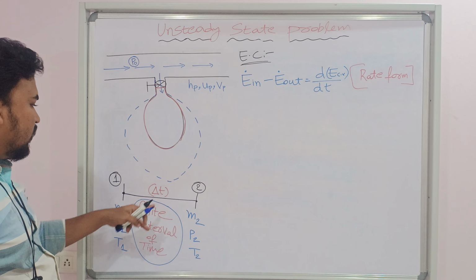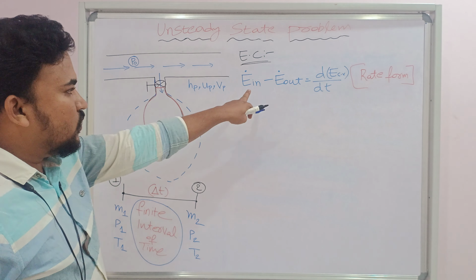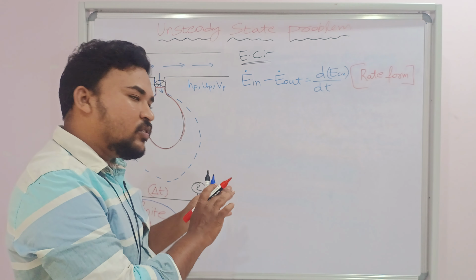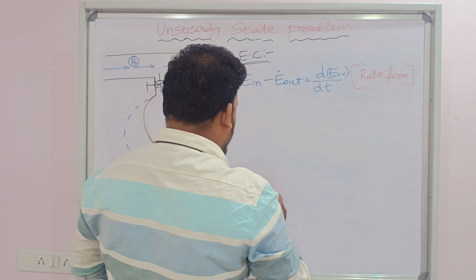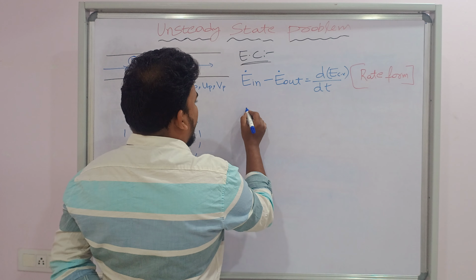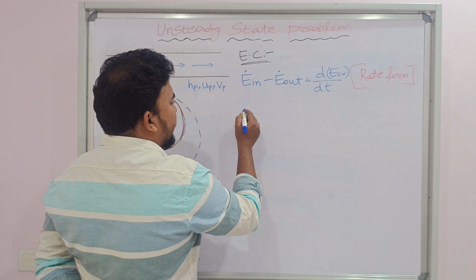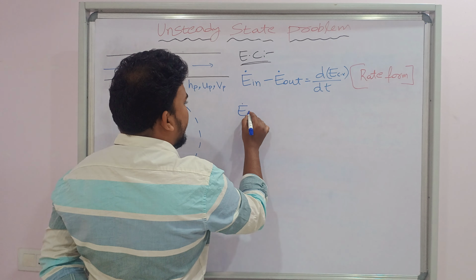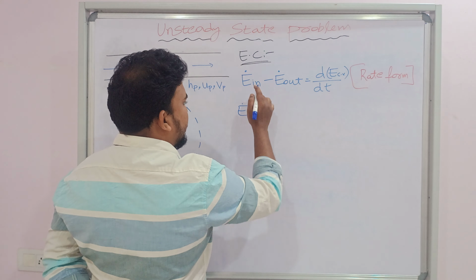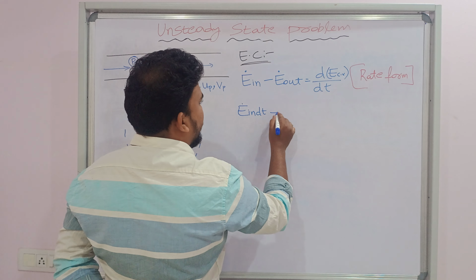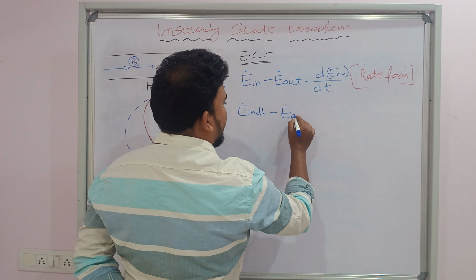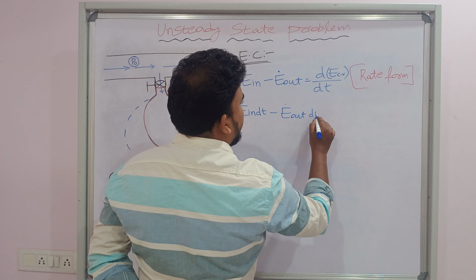There is no function at all. It is in finite interval of time. So you have to change this one into finite interval of time. For finite interval of time, all of us know already. Because if I write again, same thing. If I multiply with dt on both sides, and after that integration, it will become the same thing. Correct?